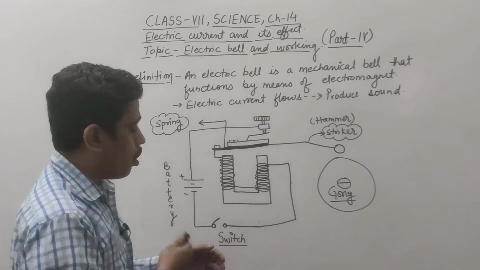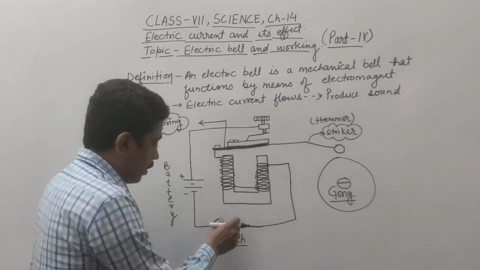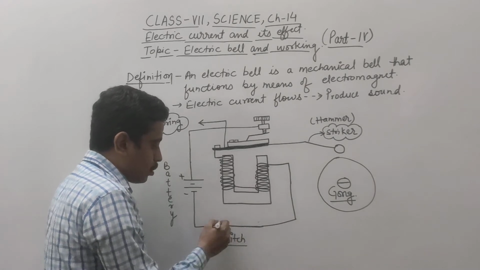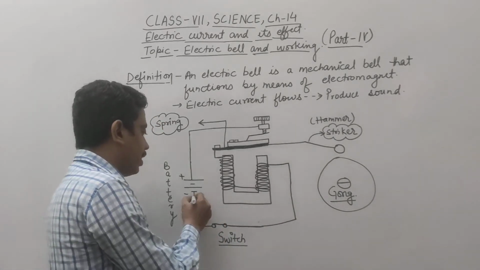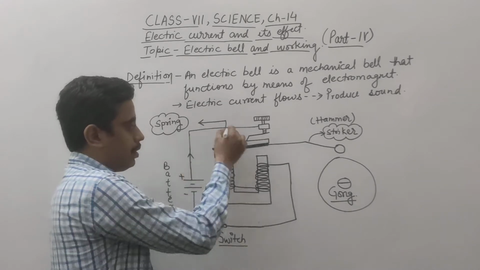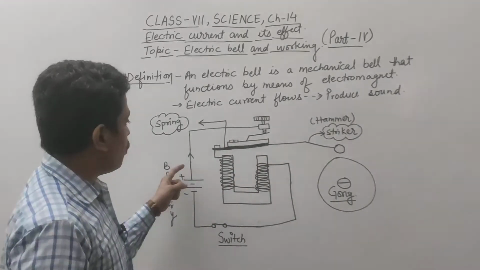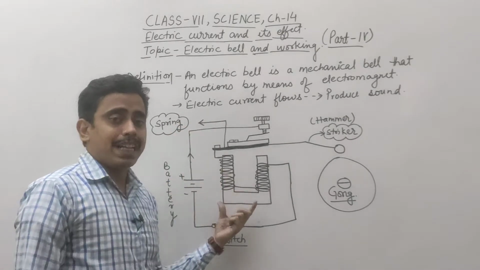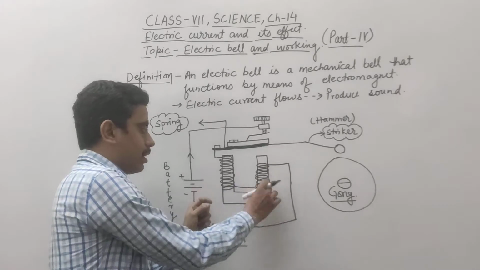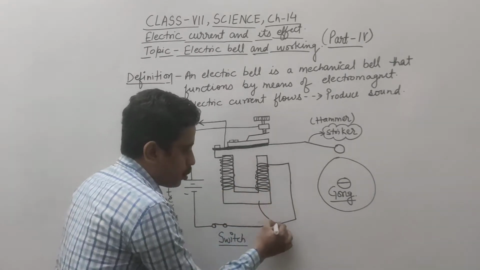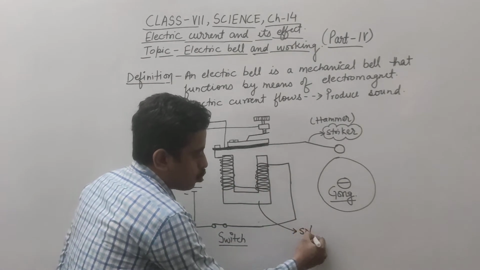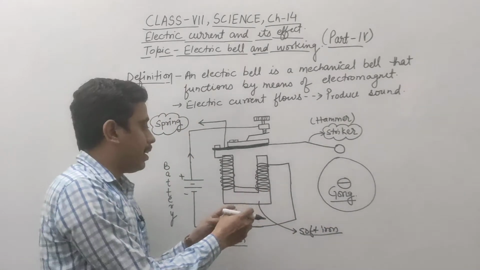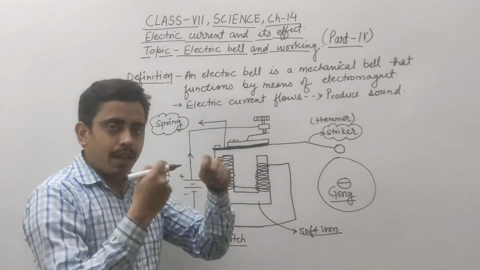As soon as we switch on the electric bell, you have to connect the two points. As soon as the switch is on, the electric current starts flowing from the positive terminal towards the negative terminal. Now this electric current passes through this spring and goes into the electromagnet. You are seeing this, this is the iron core, basically soft iron. A soft iron core is taken to form the electromagnet, and a wire is wrapped around this.